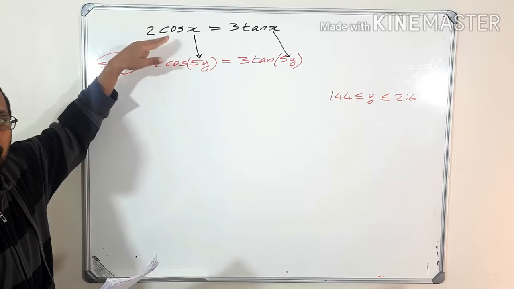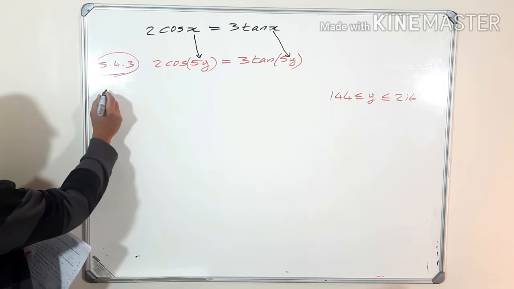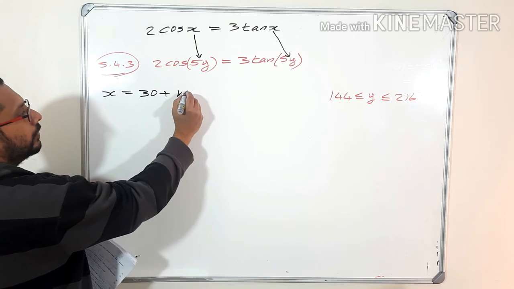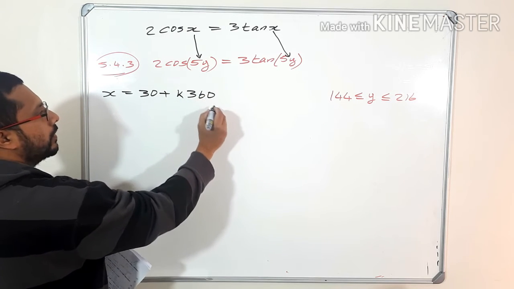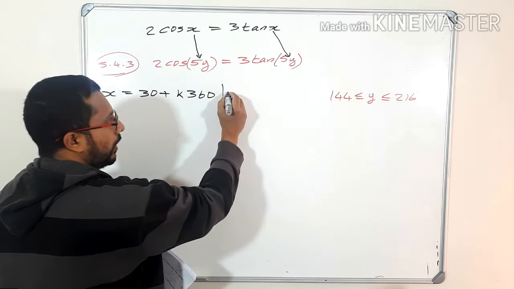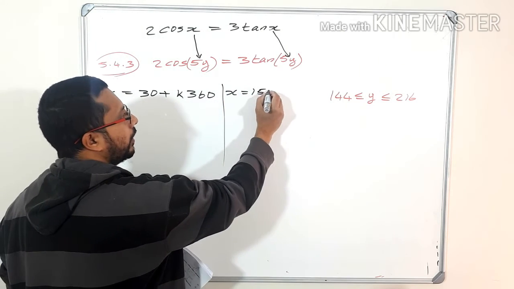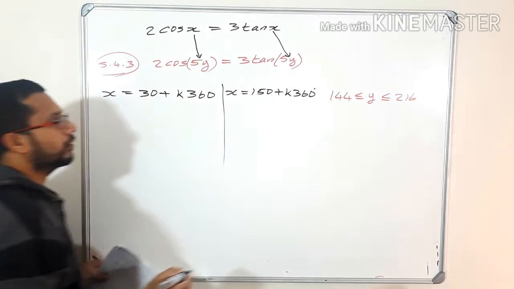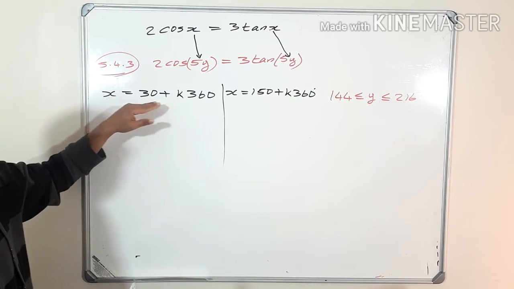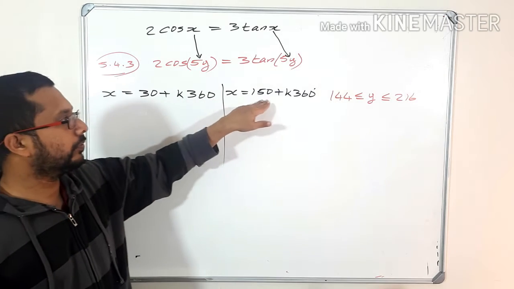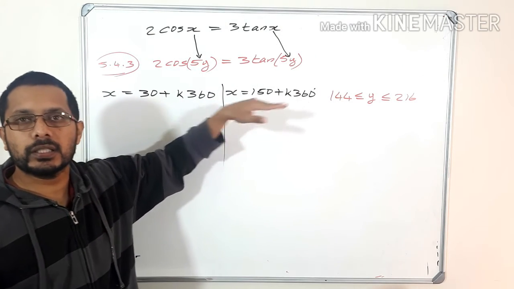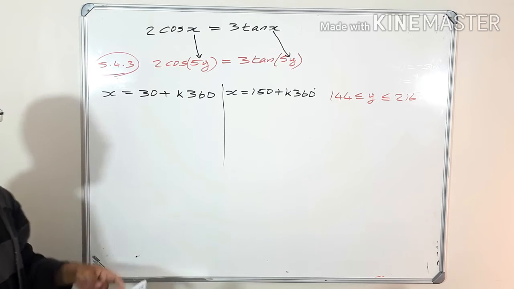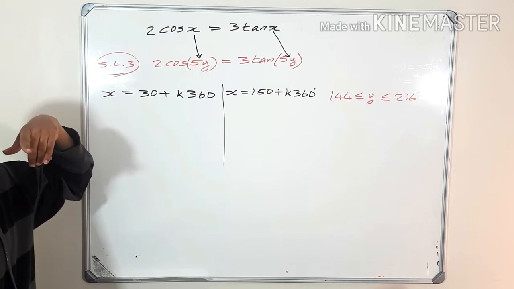What were they? x is equal to 30 plus k 360 degrees, and the second general solution is x is equal to 150 plus k 360 degrees. These are the general solutions that you got for the previous question, that means the general solutions for x.